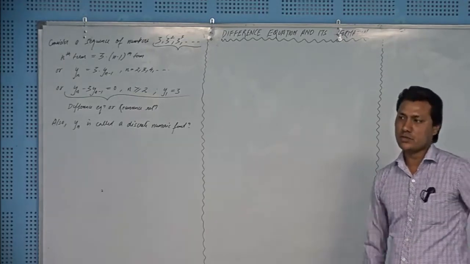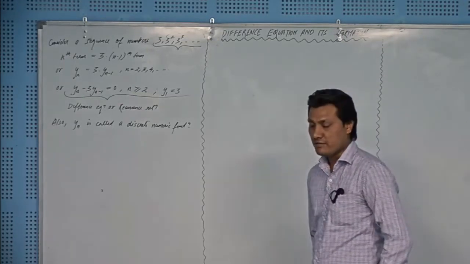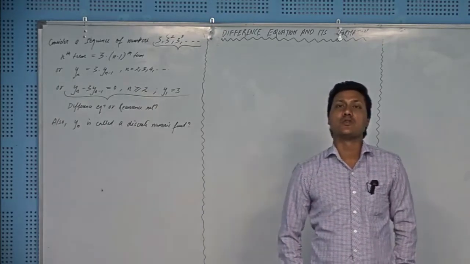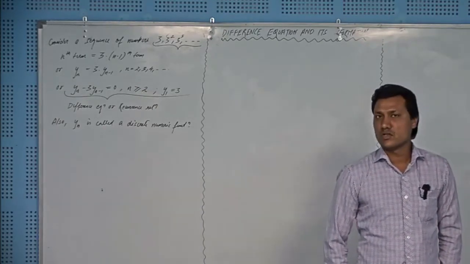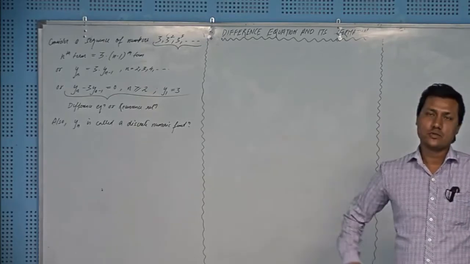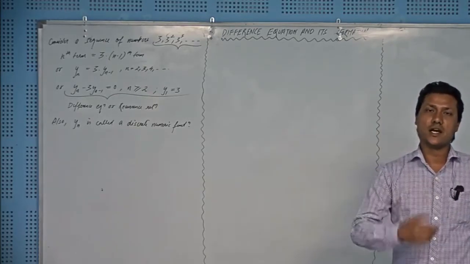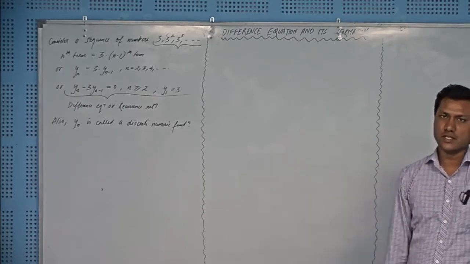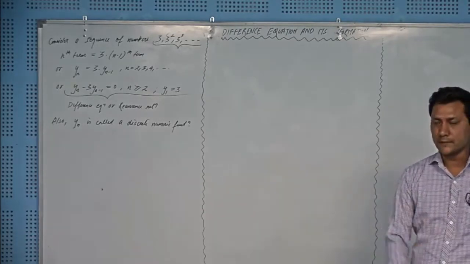It is very similar to the function of a real variable f(x), where x is a continuous variable, and we say that f(x) is a real continuous function, where x runs over the real line. It means x can vary from 0 to infinity or minus infinity to infinity. That is called a continuous domain.